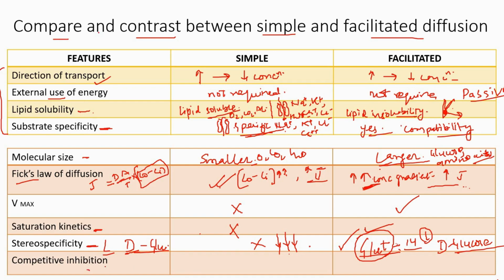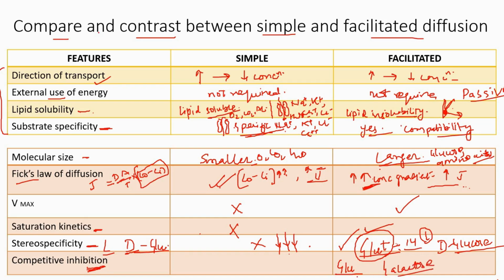Now coming to the next feature, which again comes with the same property of binding with substrate, which is competitive inhibition. Competitive inhibition means any substance which is similar in structure can bind in replacement of that particular substance. Like if we talk about glucose, on the GLUT proteins, galactose also can bind.